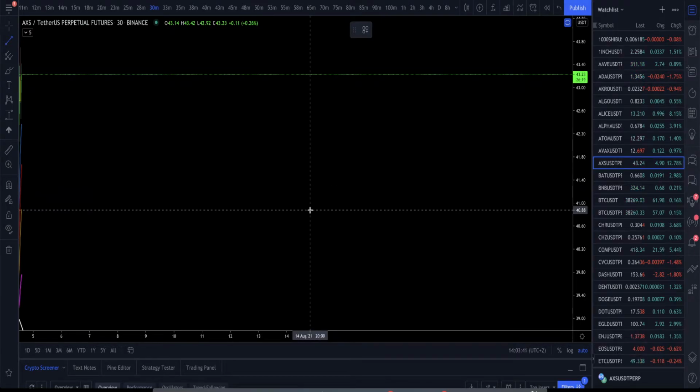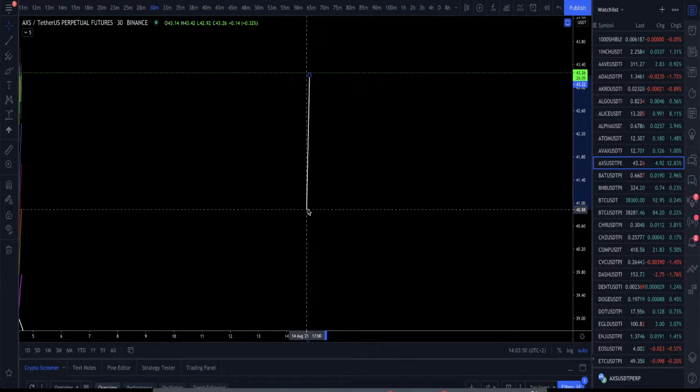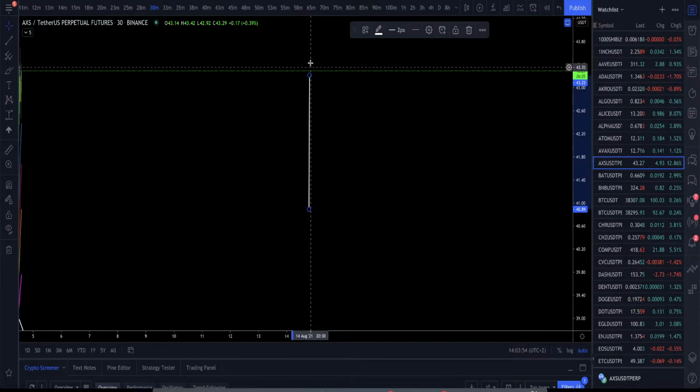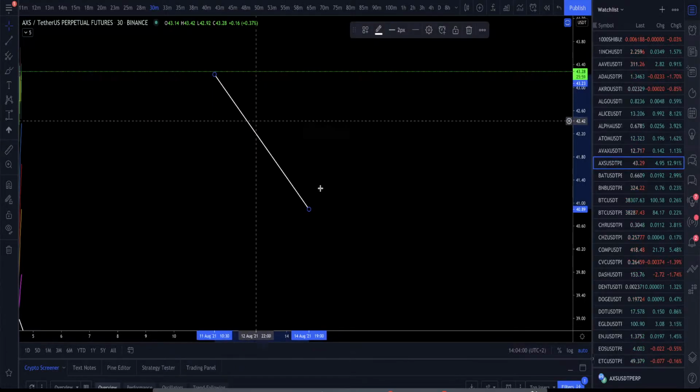This trend line is a trend line starting from a vertical line, or you can call it a candlestick that is going up in a direction, an uptrend. Or let's start with a downtrend.